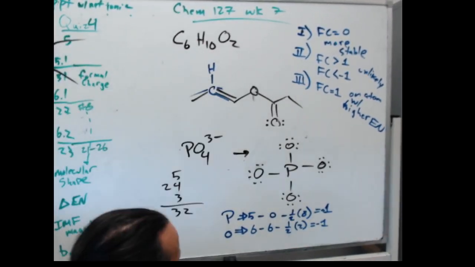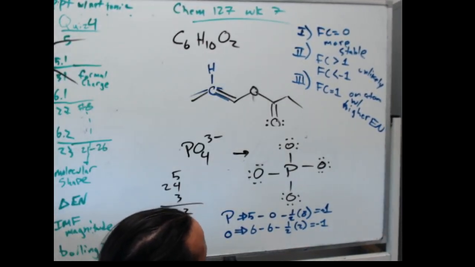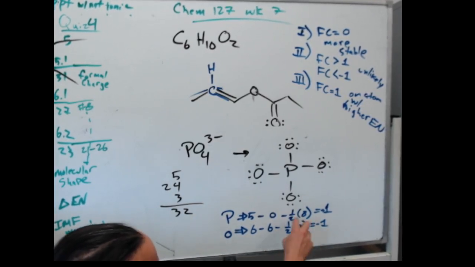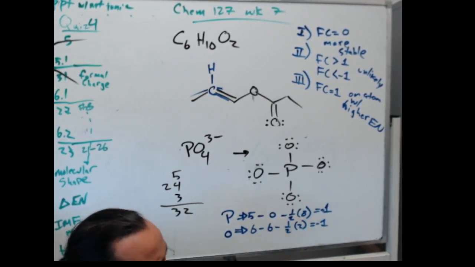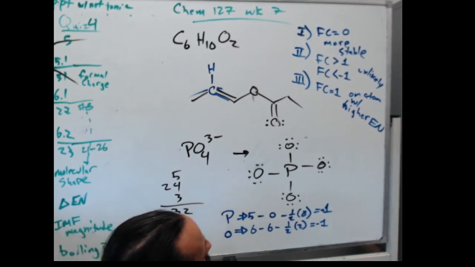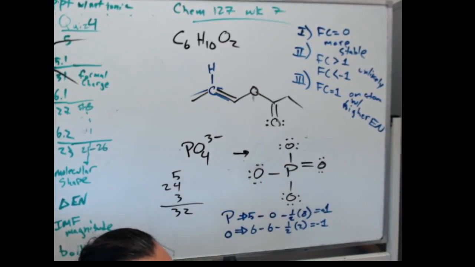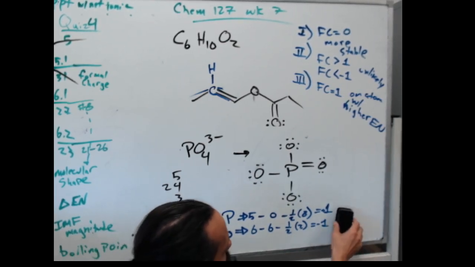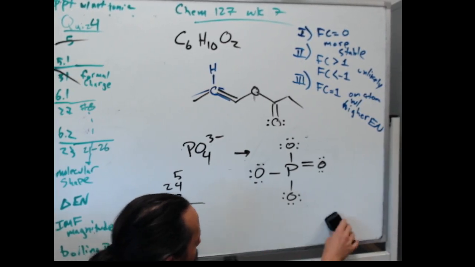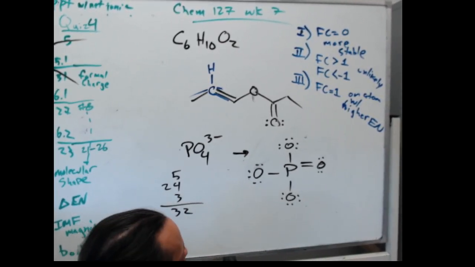And it turns out that phosphorus, if I could put it in another bond, if I had 5 minus 0 minus a half of 10, that would be better. So I take off one of these lone pairs, and I put in that double bond, and that's going to make it so I end up with a different formal charge orientation. So I recalculate my formal charges. I'll switch colors for this.